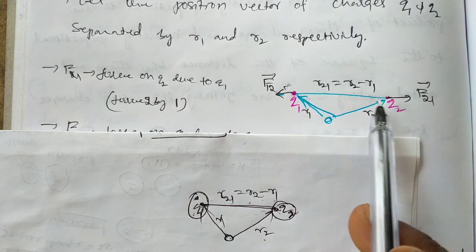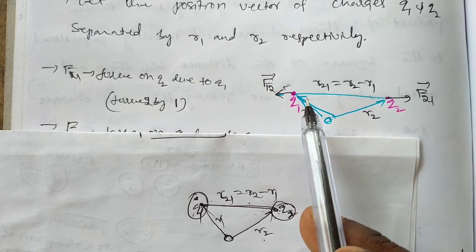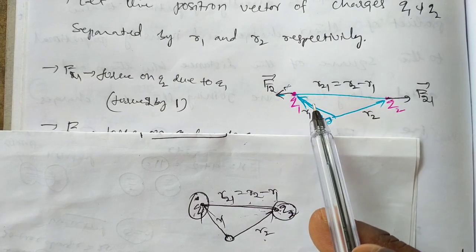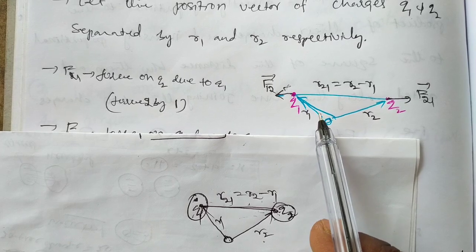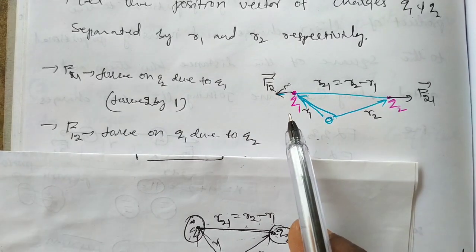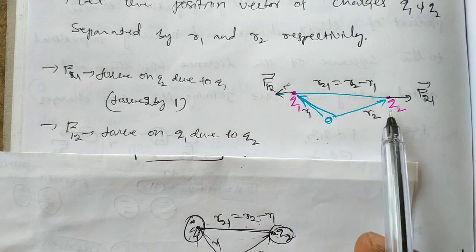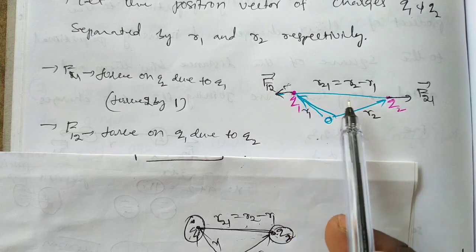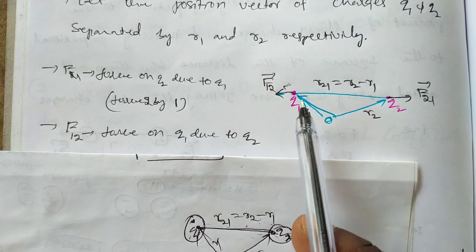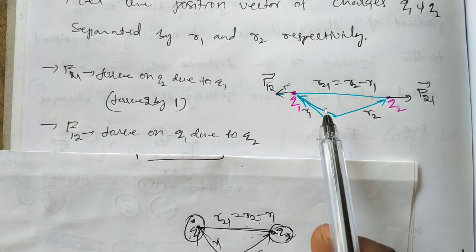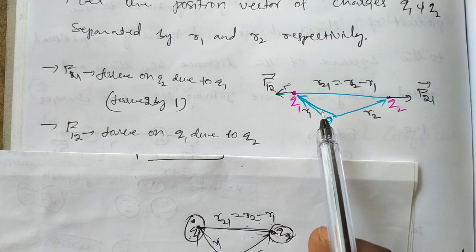Both are repulsive forces. Repulsive or attractive forces occur depending on the charges: both negative, both positive, or one positive and one negative. That is how the applications of Coulomb's law can be explained.